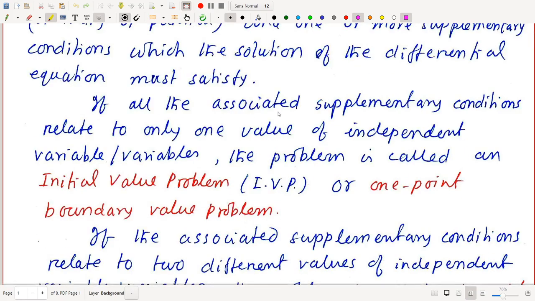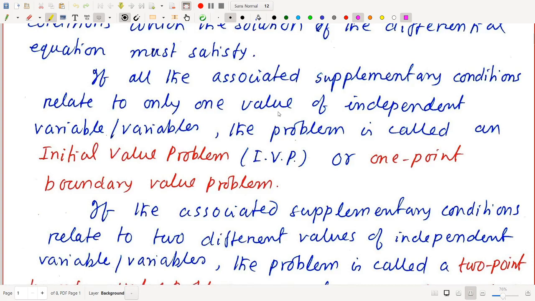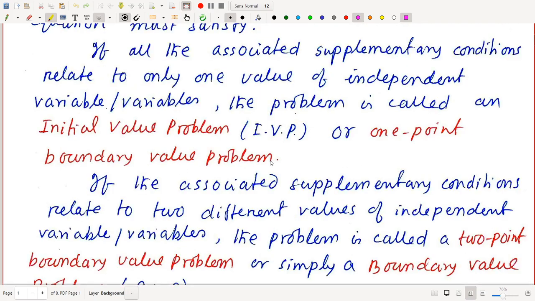If all the associated supplementary conditions relate to only one value of independent variable or variables, the problem is called an initial value problem, IVP in short, or one point boundary value problem. One point boundary value problem means initial value problem.